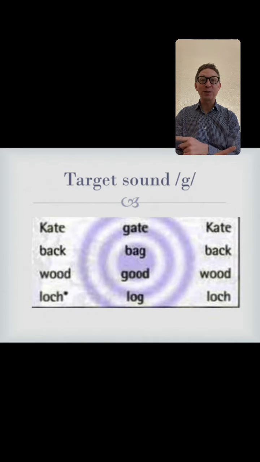Now we have the target sound in the middle with the G. So now we're going to reverse this order that we looked at earlier with the G and the K. Kate, gate, Kate.